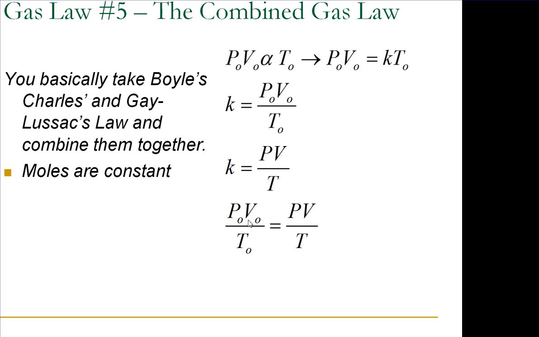So P naught V naught over T naught is equal to PV over T. You need to know how to use the different laws. If you get confused and don't remember the names, just take the ideal gas law, PV equals nRT, and put in your constants, and your constants will wind up canceling.